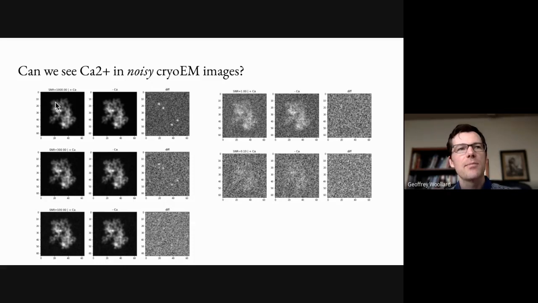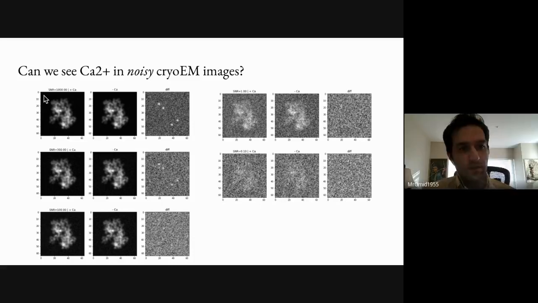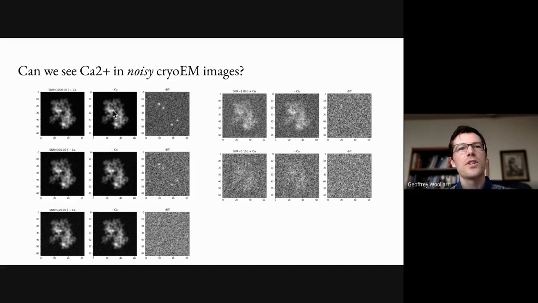So if the signal is varying between 0 and 1, the noise is like 0 to 0.1 or something. And there are just very small fluctuations. But the calcium itself, which is present here in the projection, there and there, and absent there and there, I mean, it's not hard to see it.